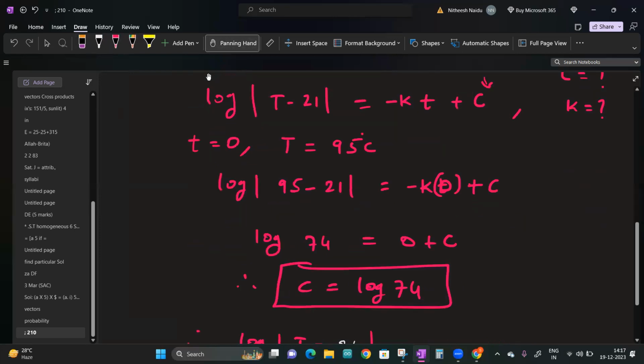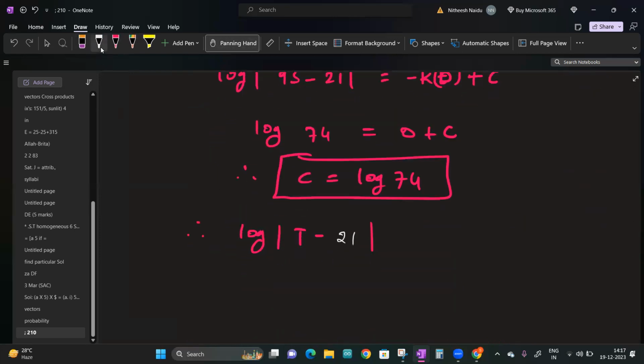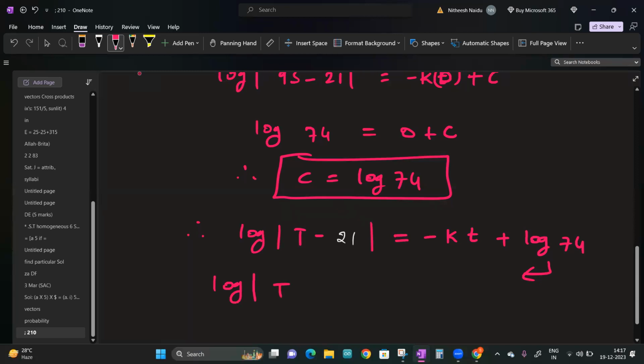Okay, so it is equal to minus k into small t plus log 74. Now you can move the logarithmic part to the left side: log mod (T minus 21) minus log 74 is equal to minus k into small t.